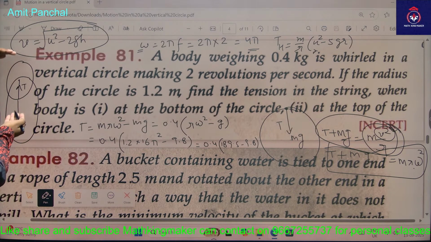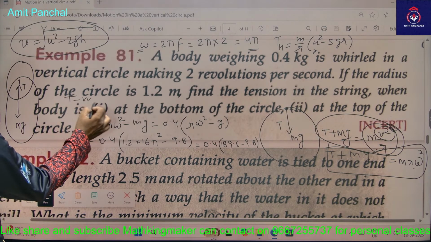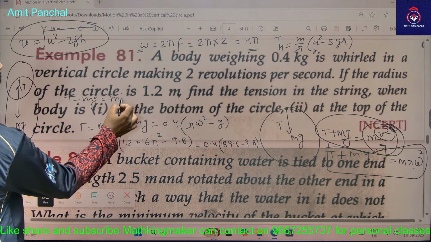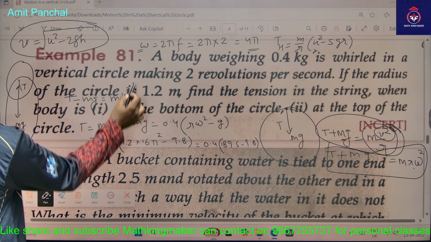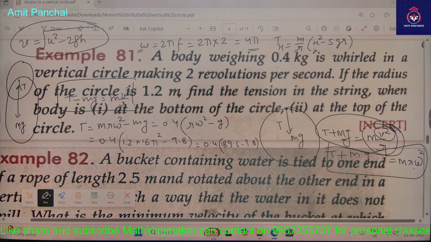In that scenario, T will be more, mg will be less. They are in opposite directions. So that time T − mg will be equal to mv²/r. So at the bottom we'll get higher tension, at the top we'll get lower tension.